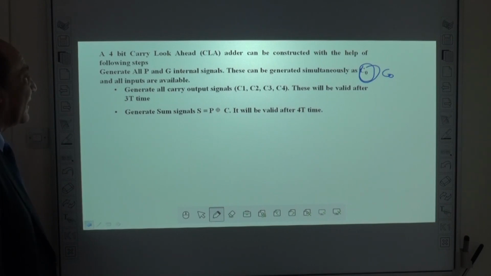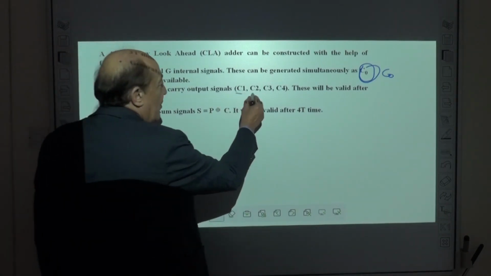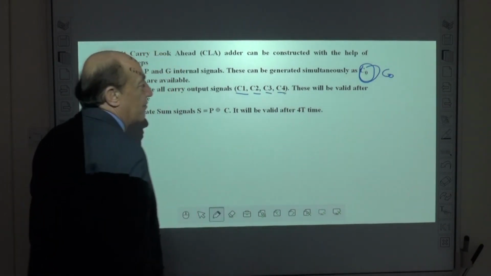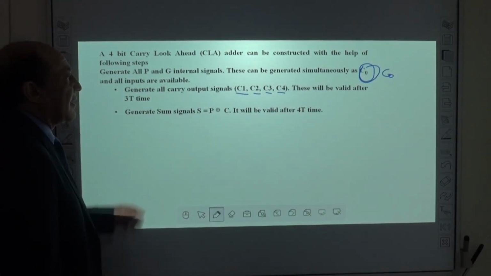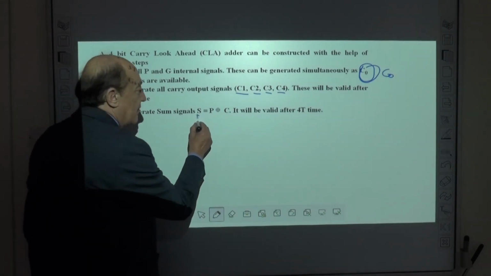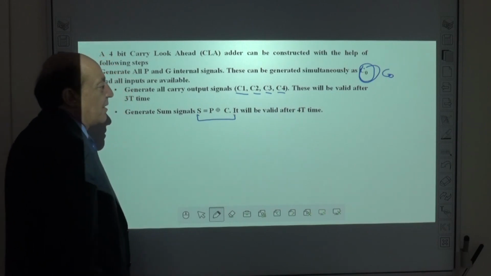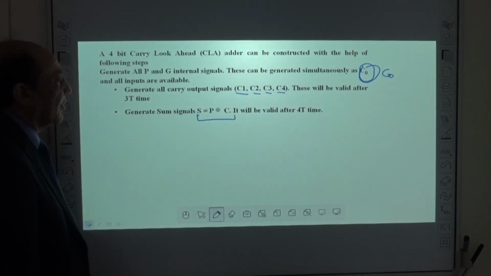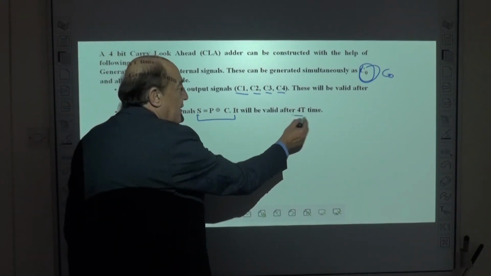Generate all carry output signals C1, C2, C3, C4. This will be valid after 3t time. Generate sum signals, P exclusive OR C. This will be valid after 4t time.